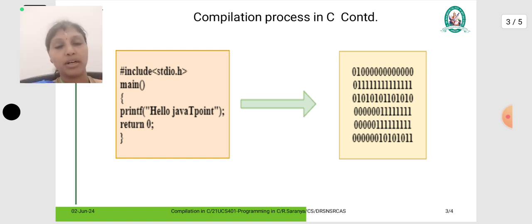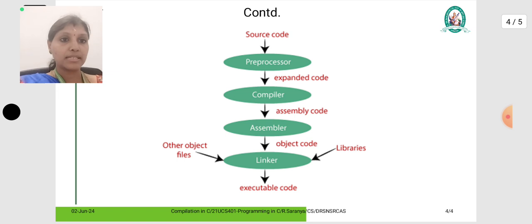Here, among the compilers, we have many, like Turbo C++ as well as GCC. Likewise, online compilers are also available in order to execute C programming code. Now let us see the structure, how it is processed. First we design a source code in C, and then we move on to the preprocessor directives, which mainly expand the code.